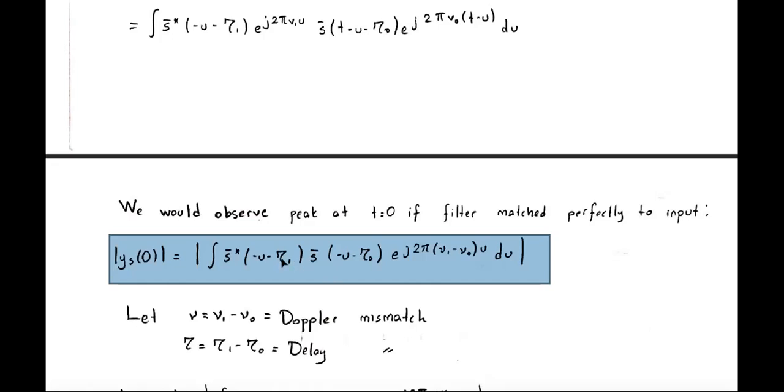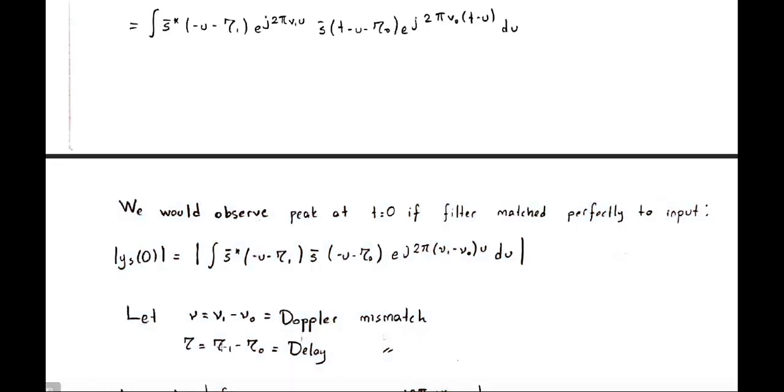So there is going to be a mismatch between our chosen delay and velocity values and the true delay and velocity values. Let's define these mismatch values as velocity mismatch v and delay mismatch tau. Let's understand how the peak, or how the value of the match filter, will change at origin due to the amount of this mismatch.